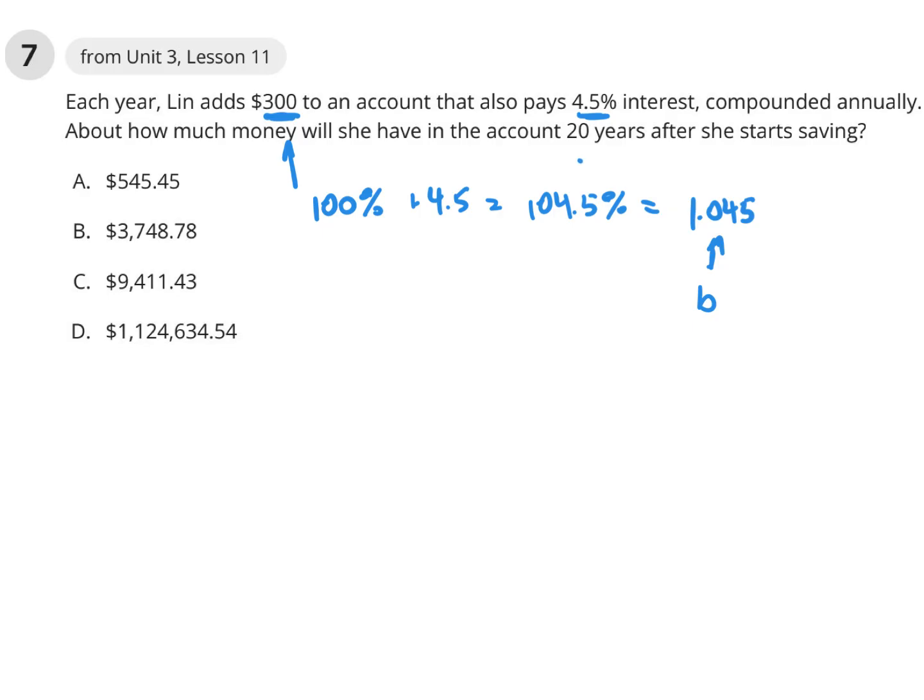Now we have 20 years. We've never seen this equation before, but this is a geometric sequence formula. Well, let me write the general formula first.